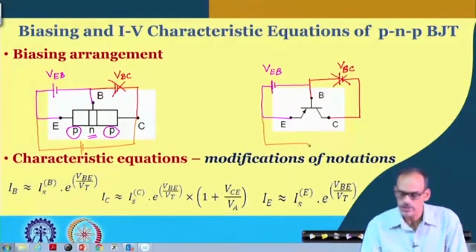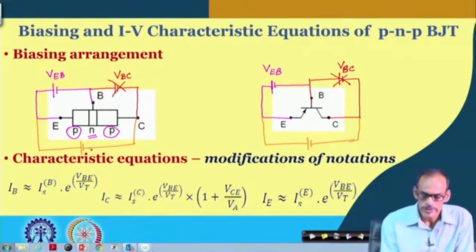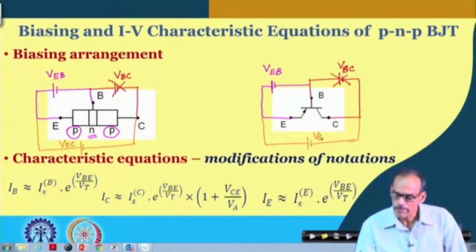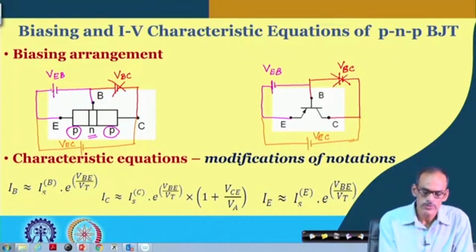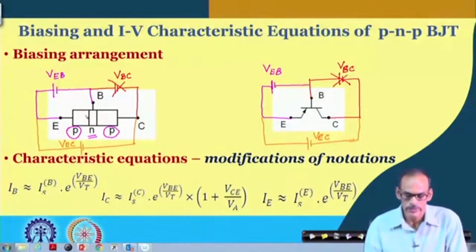So, same thing here also in this view. Now, we will be calling this voltage VEC. Note that for actual operation VEC should be positive, VEB should be positive, that is how we are ensuring the device is in active region of operation.